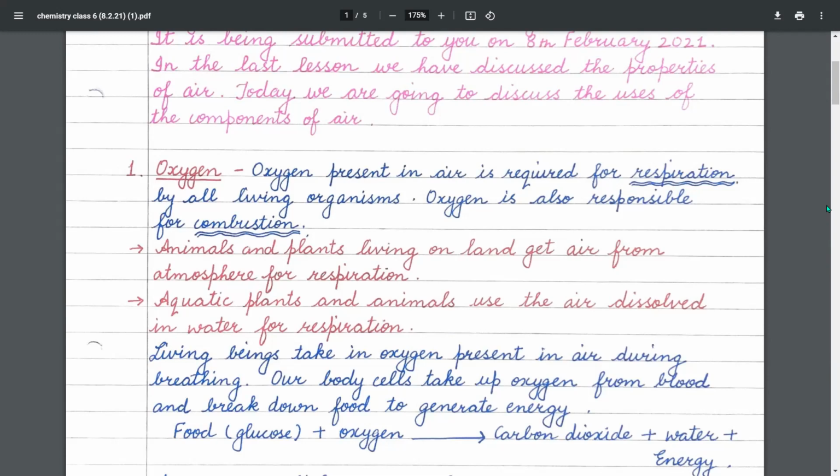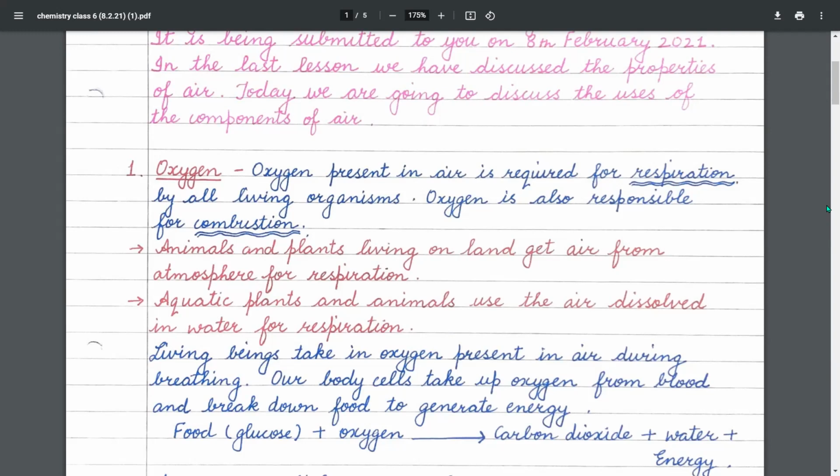Animals and plants living on land get air from the atmosphere for respiration, and aquatic plants and animals use the air dissolved in water for respiration. Living beings take in oxygen present in air during breathing.